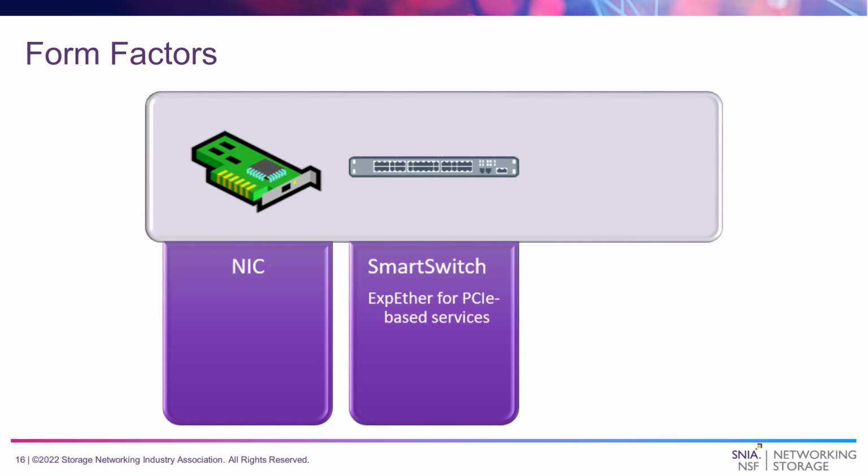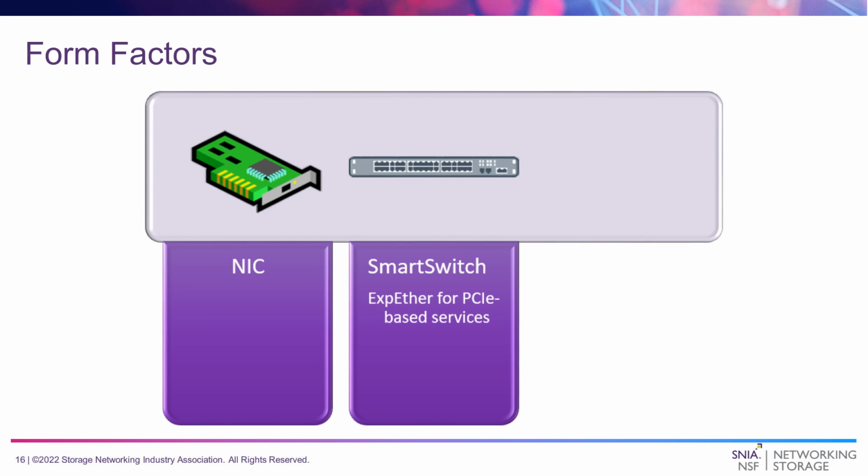Now, in this case, the xPU does not have direct access to the host PCIe. When we have a smart switch, what we probably want to do is connect hosts to the smart switch.